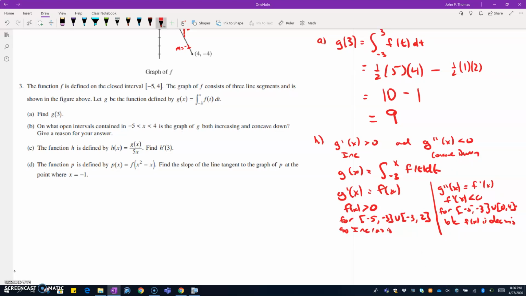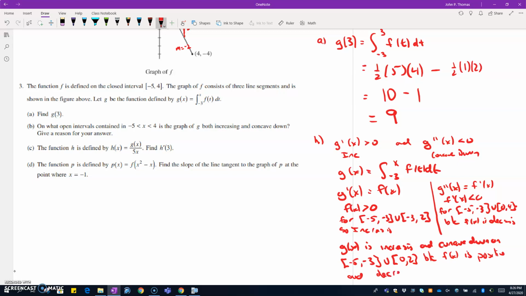So we're going to say g of x is increasing and concave down on the interval from -5 to -3, union the interval from 0 to 2, because f of x is positive and decreasing.